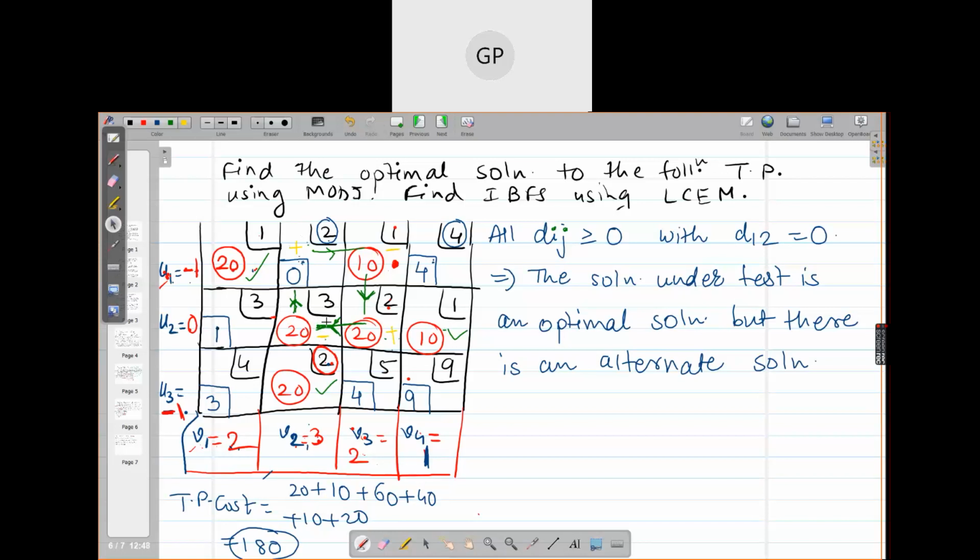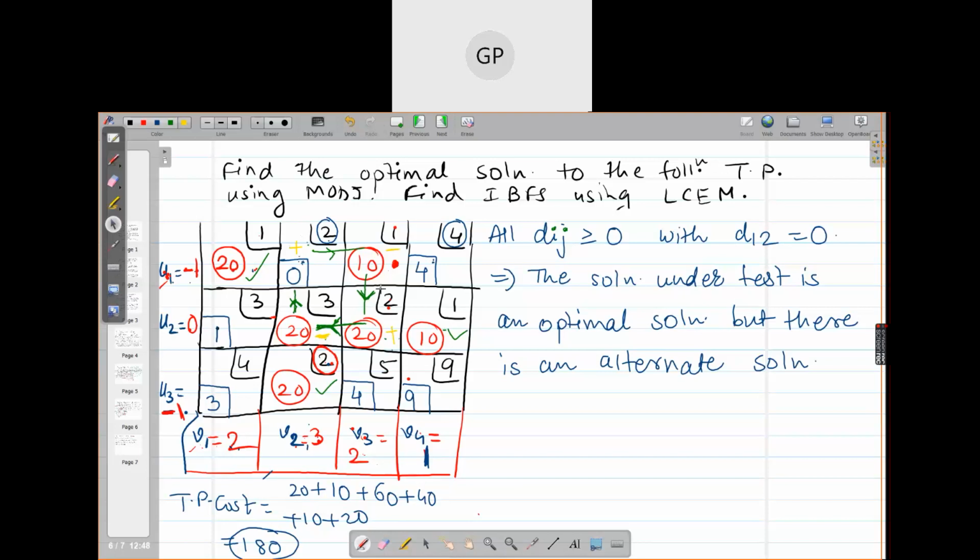So how many units are to be adjusted now? What we had written in the algorithm is to choose the minimum from the cells which have negative signs. Choose the minimum number of units from the cells where there is a negative sign.